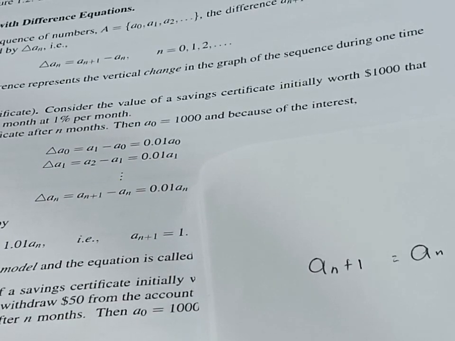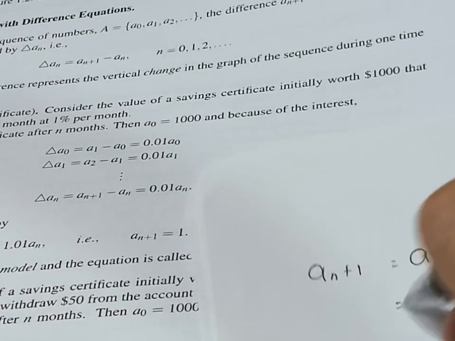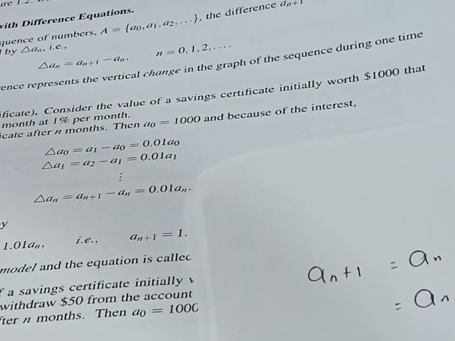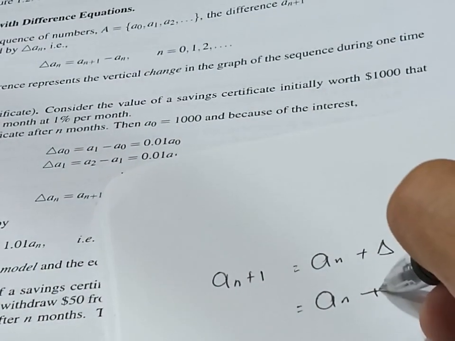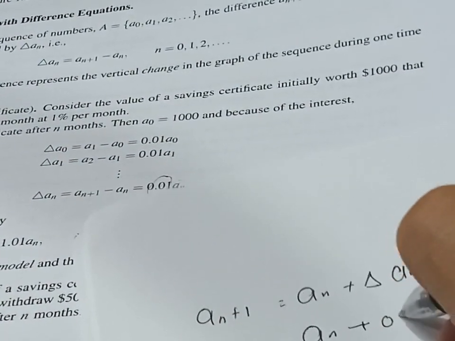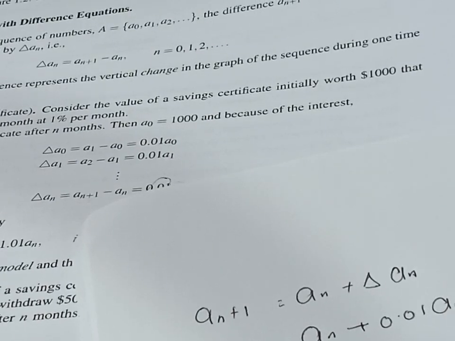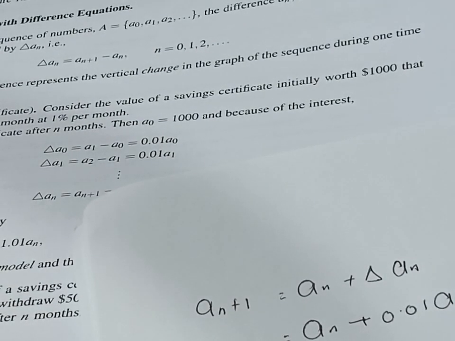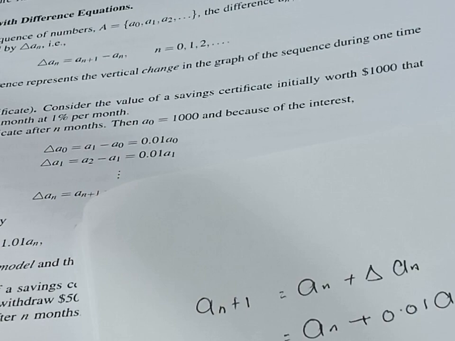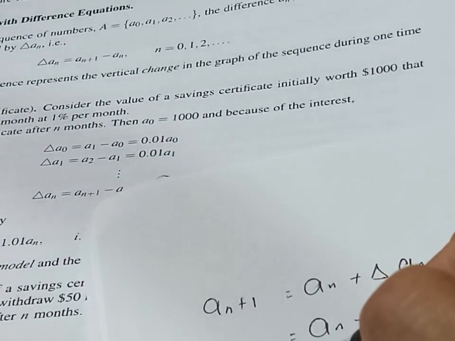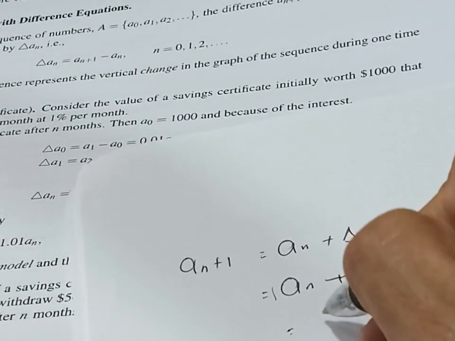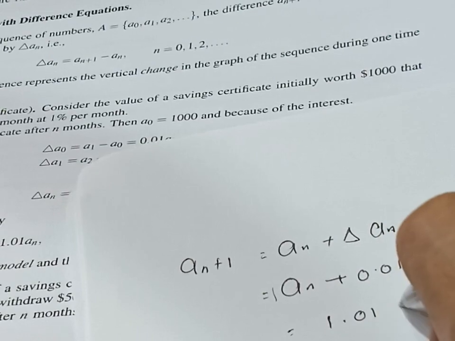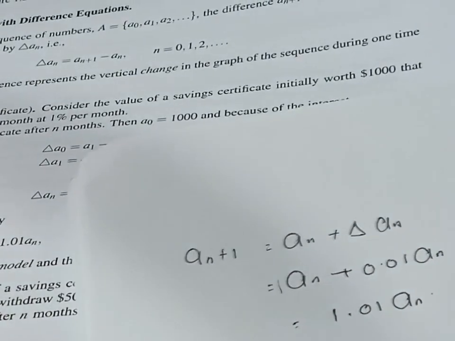Okay, since delta a_n is 0.01 a_n, this 1 here plus 0.01 becomes 1.01 a_n.